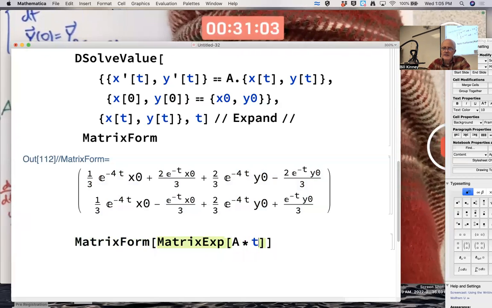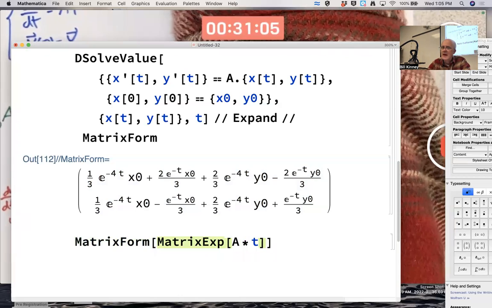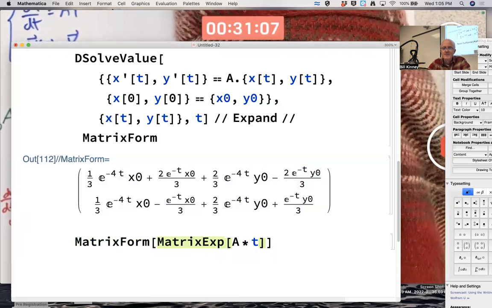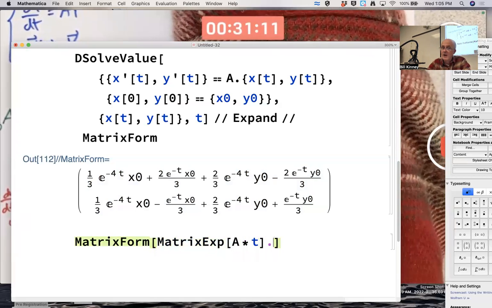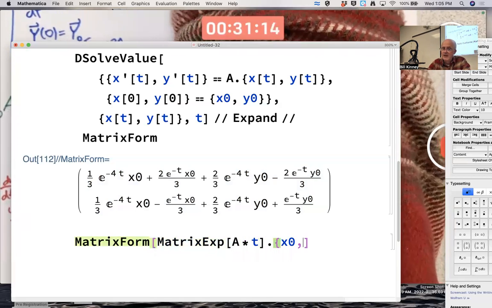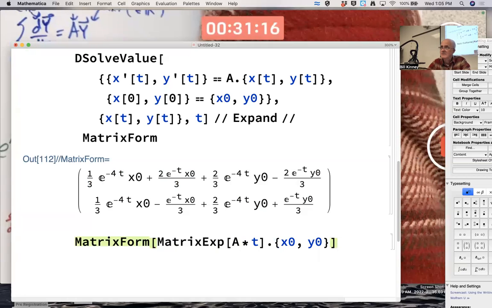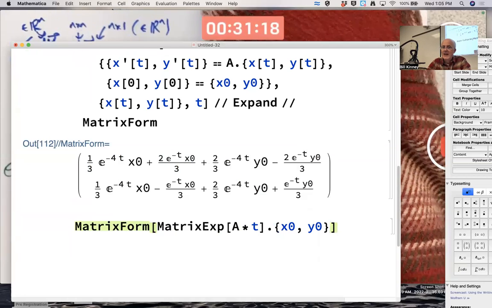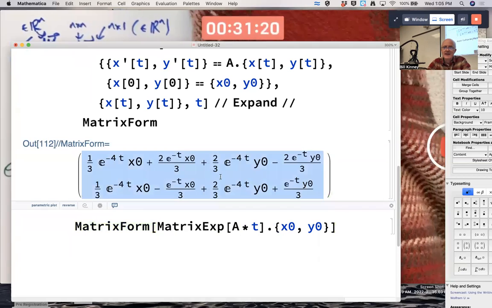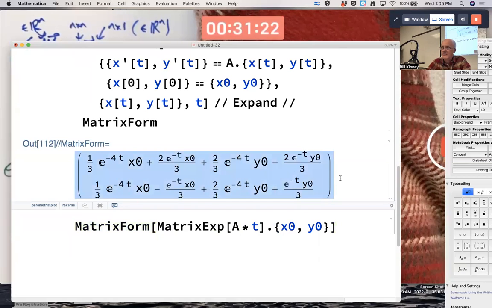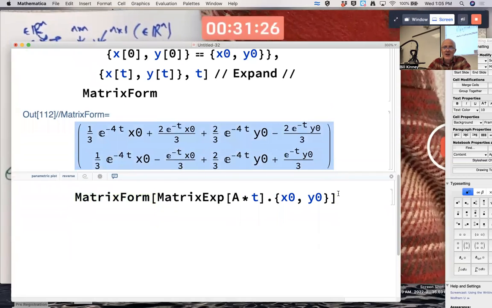I think I can put a star t there to do times t. I could also put the t in front. I do want to multiply this by my arbitrary initial condition vector as well. If when I enter this, I get the exact same thing as you see here, I will have confirmed the beautiful generalization for this example. Cross your fingers.